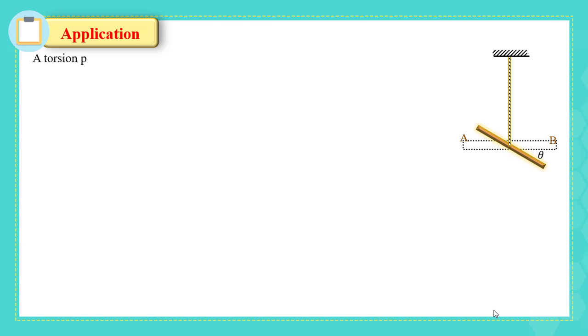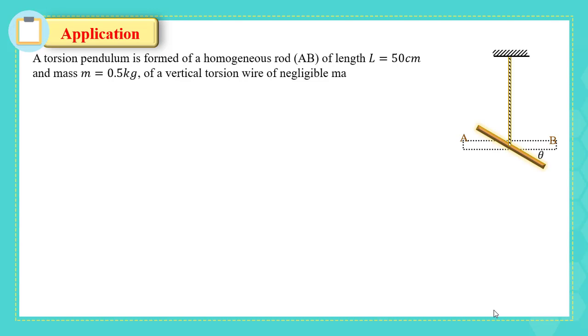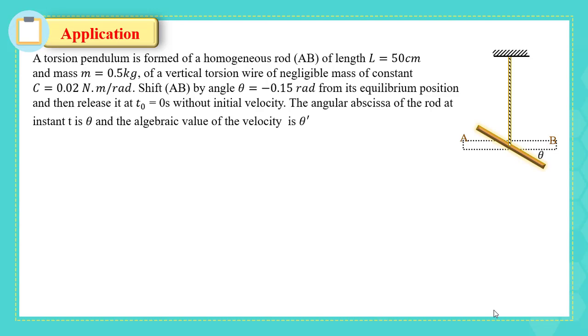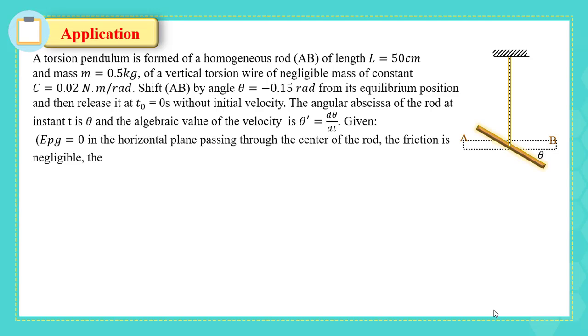A torsion pendulum is formed of a homogeneous rod AB of length L, 50 centimeters, a mass m, 0.5 kilograms, and a vertical torsion wire of constant 0.02 with no mass. This rod is shifted by an angle theta equals minus 0.15 radians from its equilibrium position, and it is released without initial speed.